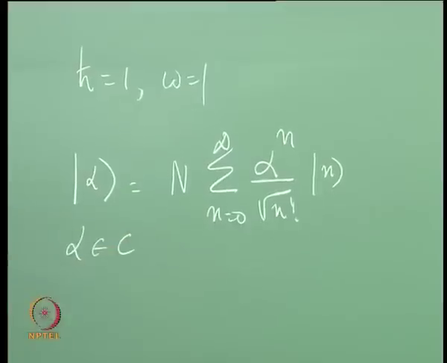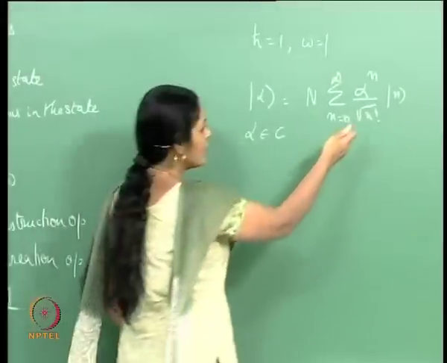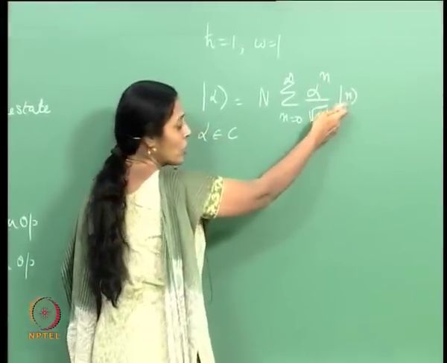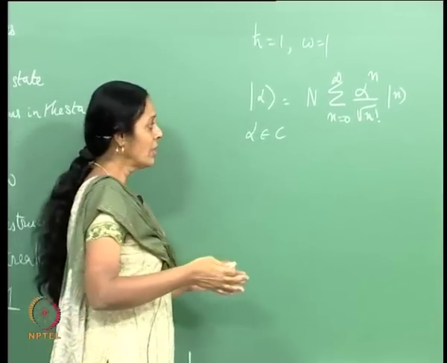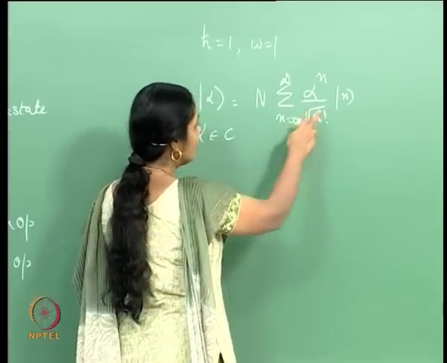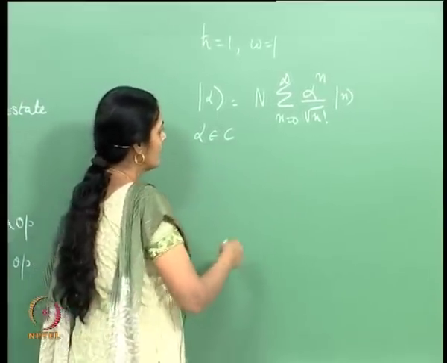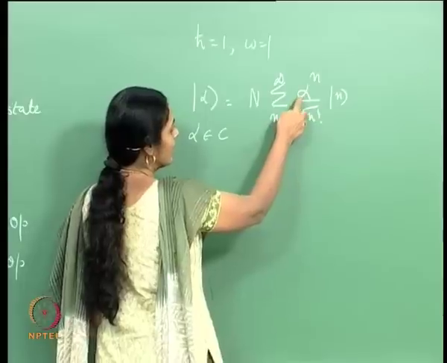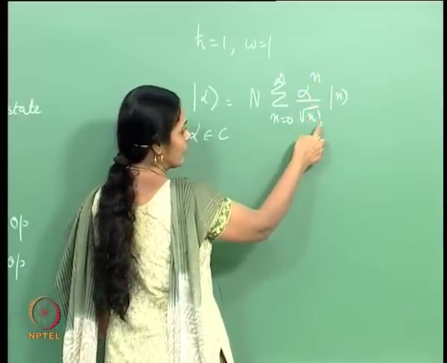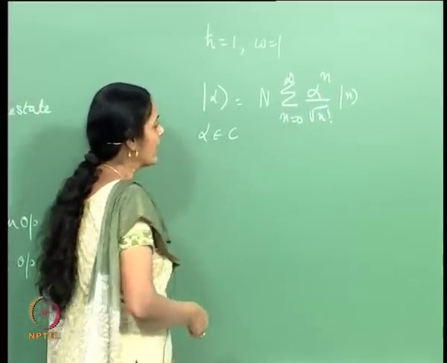So this is an infinite sum. It has the 0 photon state, the 1 photon state, the 2 photon state, and so on. So we have an infinite superposition of photon number states, and the weight is different. It's alpha to the power of n by root n factorial, corresponding to ket n.